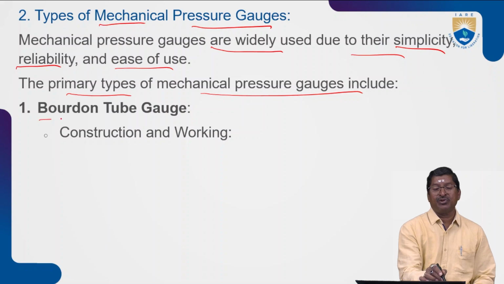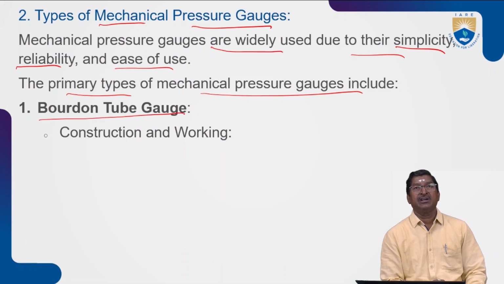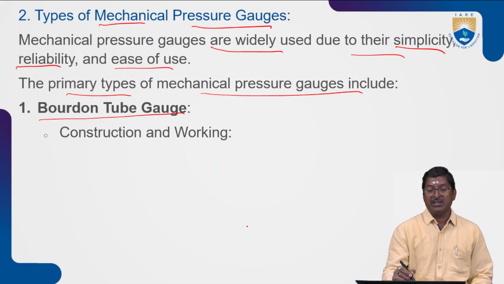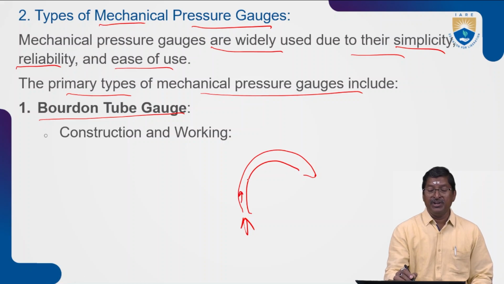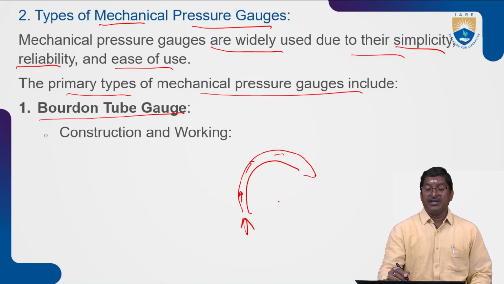One is the Bourdon tube gauge. The Bourdon tube gauge is nothing but a C-type tube. What will happen if you apply pressure, if you send any fluid inside? Because of the fluid pressure, this C curve will move toward a straight portion.